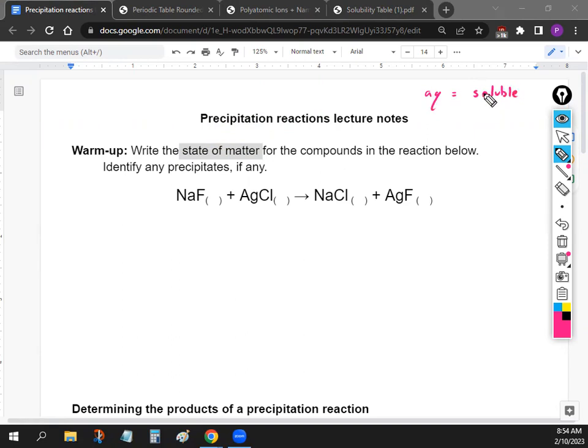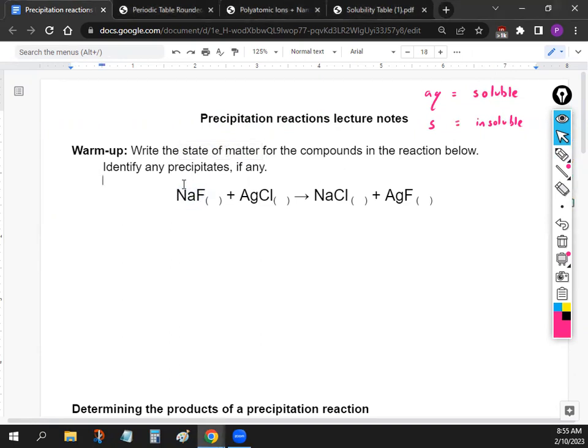AQ is short for aqueous. It means it dissolves in water. We can also put S, which basically means that it is insoluble. S stands for solid. So if something stays a solid inside of a liquid, obviously it's not going to dissolve. It's insoluble. Okay. So those are the two things we can put inside of the parentheses.